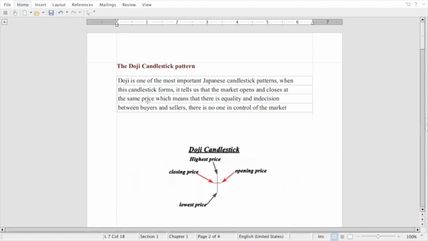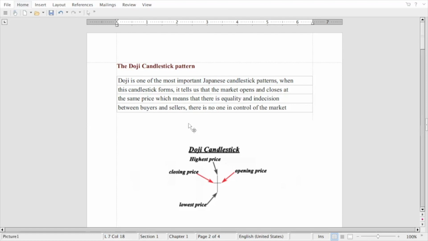From the small notes that I made for you guys, it says that Doji is one of the most important Japanese candlestick patterns. When this candlestick forms, it tells us that the market opens and closes at the same price, which means there is equality and indecision between the buyers and the sellers. Therefore, there's no one in control of the market.